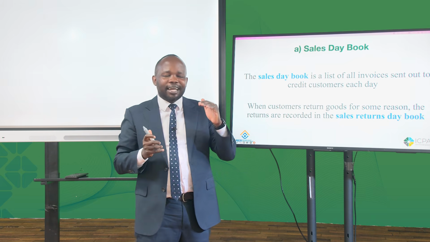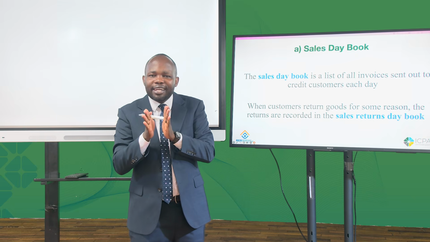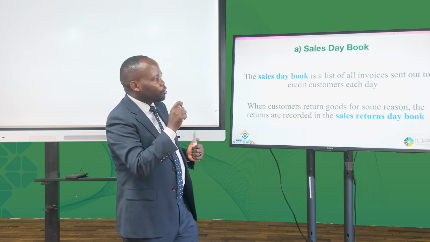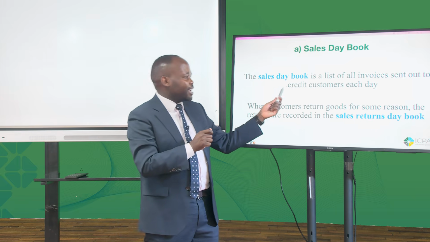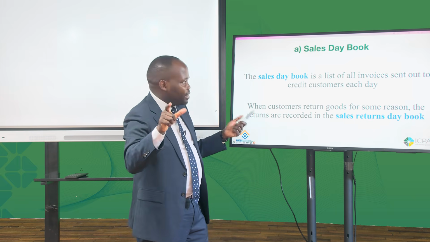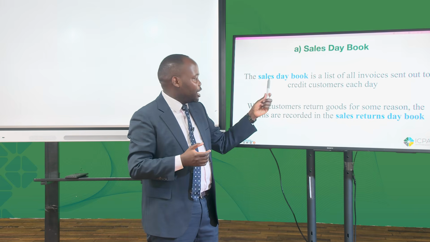We said transactions can either be cash or credit. Now we are focusing on credit transactions. So any list of invoices sent to credit customers, in other words, credit transactions related to goods, are recorded in a sales day book.